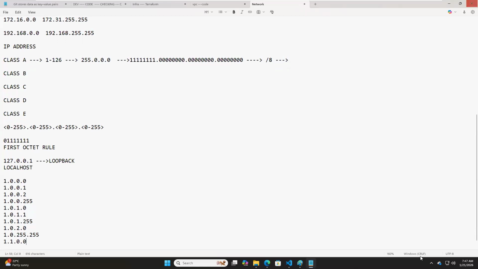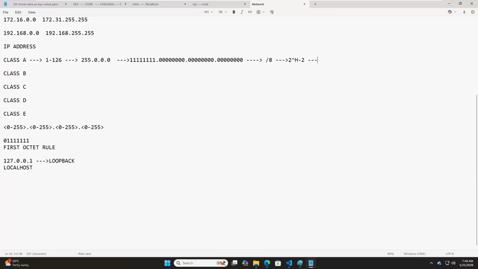So like that, in one network, how many host IPs, or usable IPs, will you get? 2 power h minus 2. What is h here? H is the total number of host bits in the subnet mask. Here there are 24 host bits.